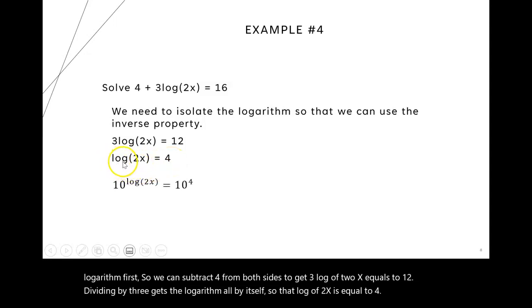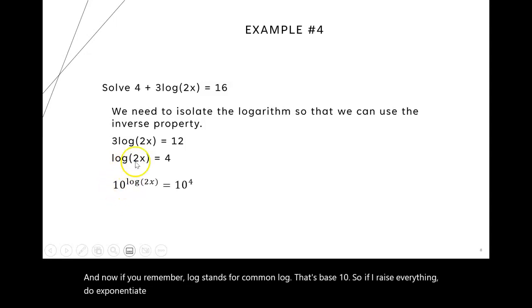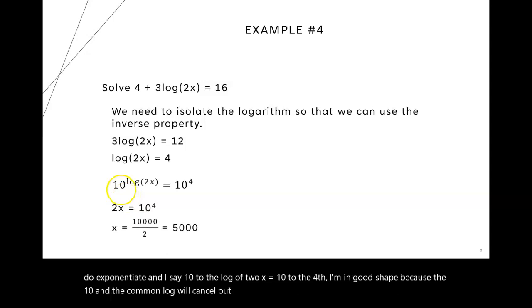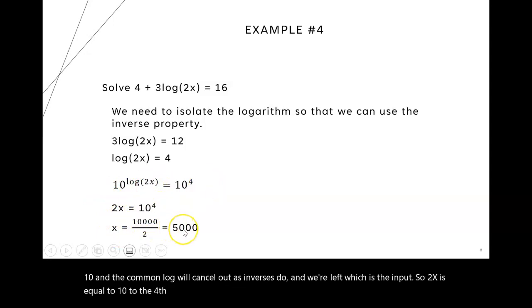And now if you remember, log stands for common log, that's base 10. If I exponentiate, and I say 10 to the log of 2x equals 10 to the 4th, I'm in good shape because the 10 and the common log will cancel out as inverses do, and we're left with just the input. So 2x is equal to 10 to the 4th, and x is equal to 5,000.